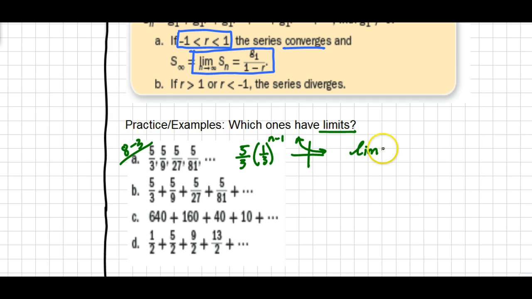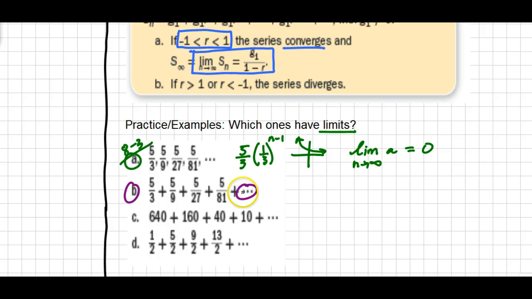So the limit of this sequence as n goes to infinity, I'm just going to call this question A, is going to be 0. But not because of the information in this lesson, but because we graphed it because it's a sequence.